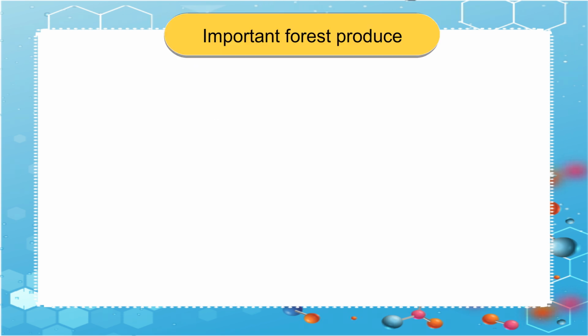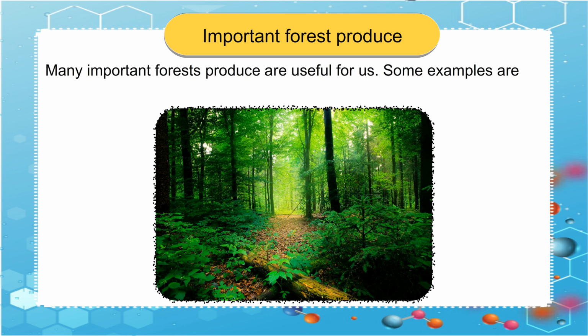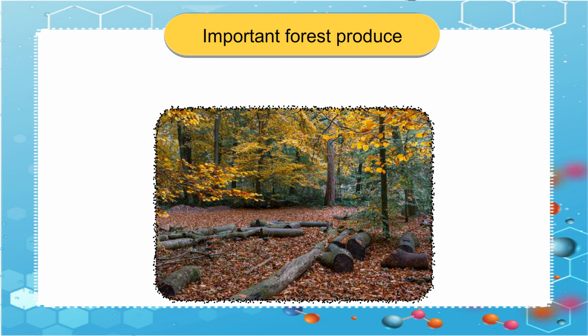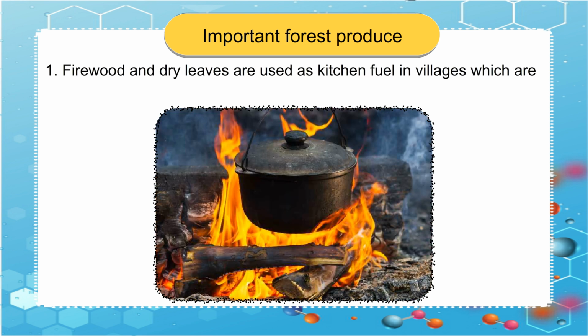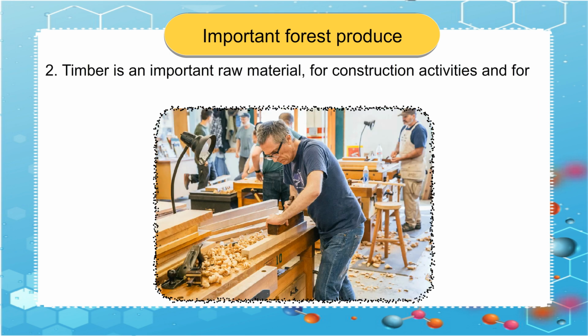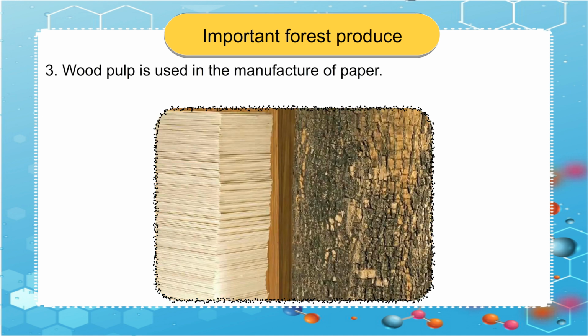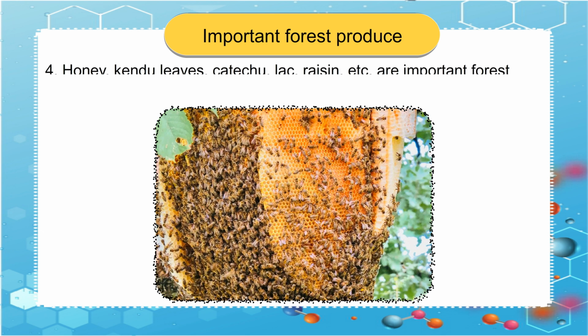Important forest produce. Many important forest produce are useful for us. Some examples are given below. 1. Firewood and dry leaves are used as kitchen fuel in villages which are close to a forest. 2. Timber is an important raw material for construction activities and for making furniture and artifacts. 3. Wood pulp is used in the manufacture of paper. 4.